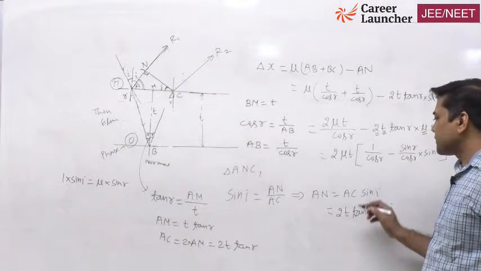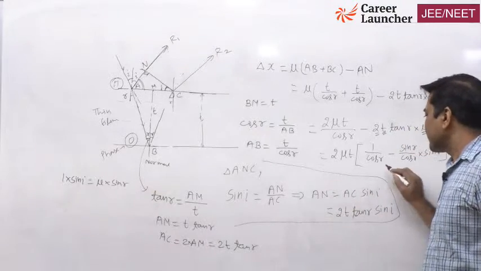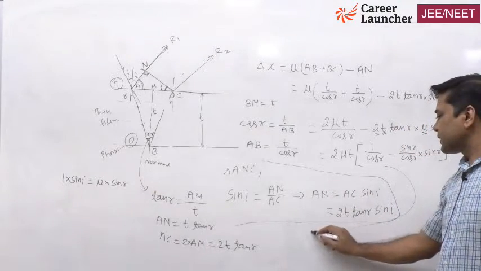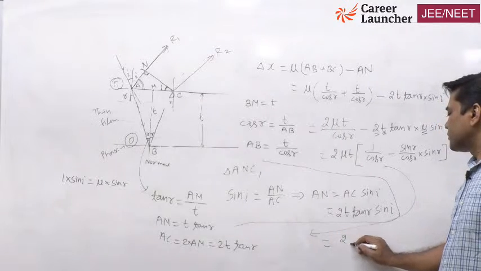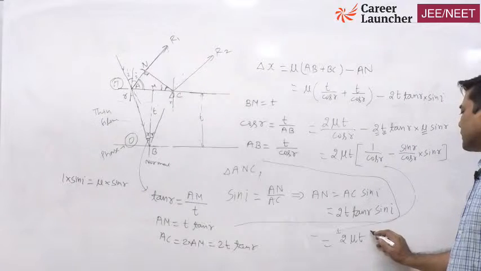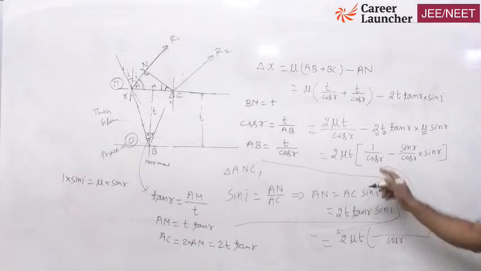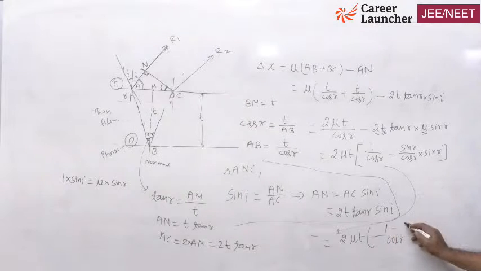So take the LCM of this. Here I'm going to write: this becomes 2 mu t by cos r into 1 minus sin square r.